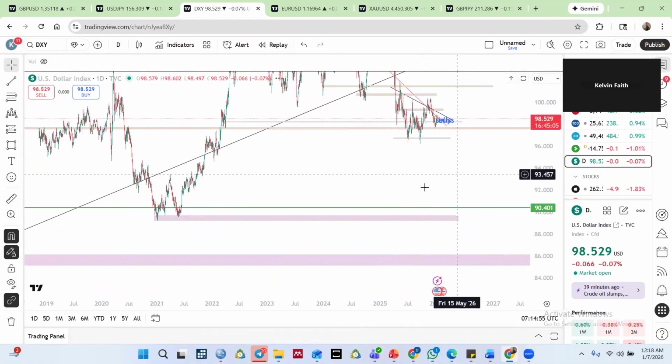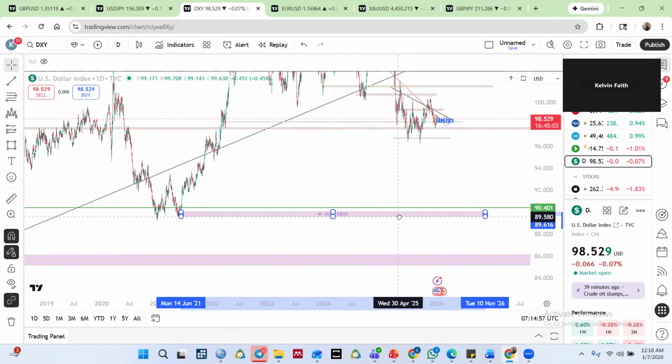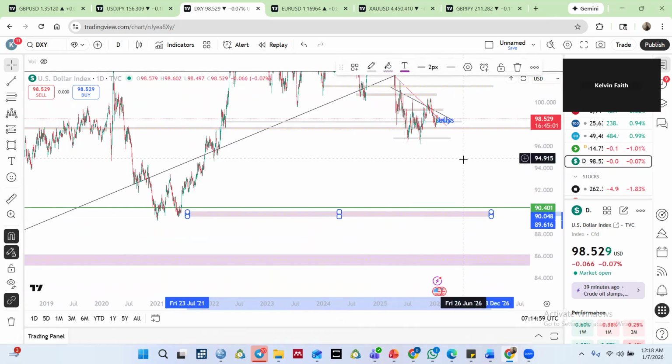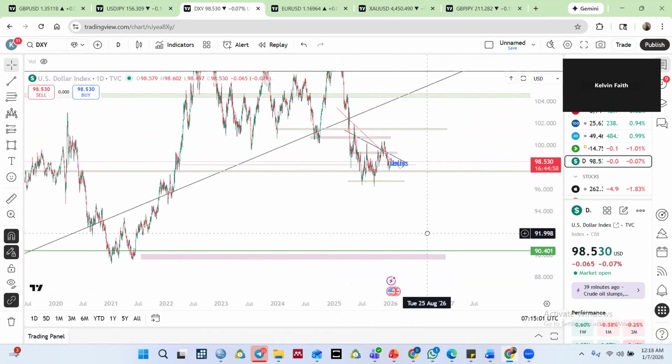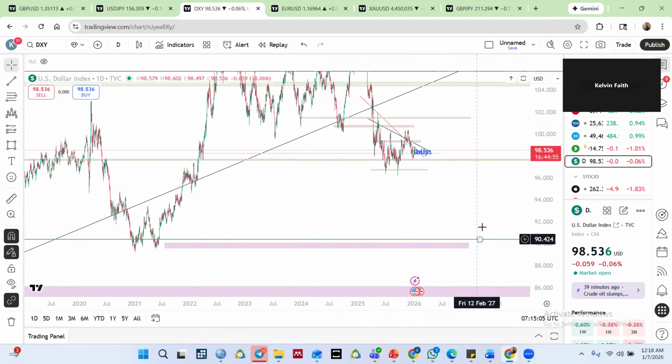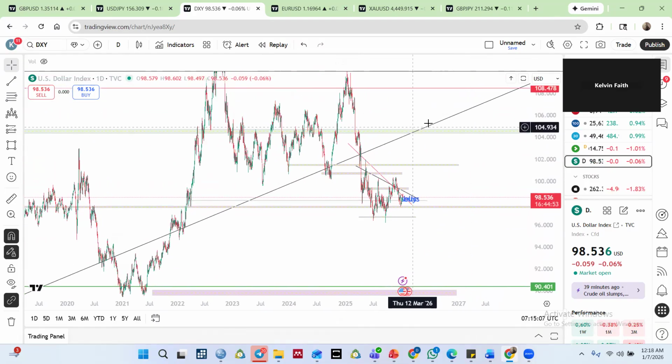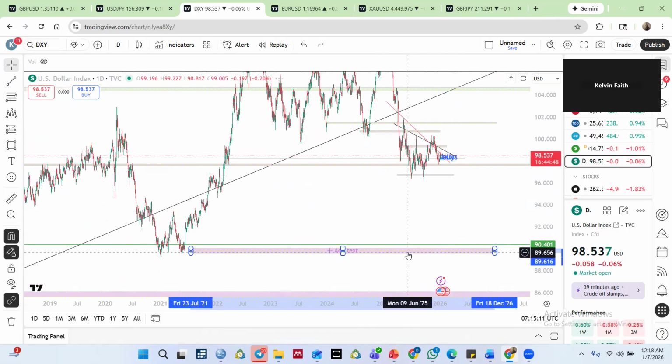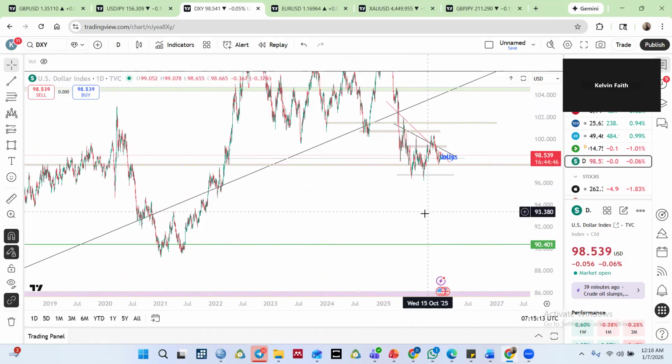Price might want to drop down into this zone, and then maybe somewhere towards the end of the year, we might see price pushing all the way back up for a proper retest at the top here. So let's see how it's going to go.